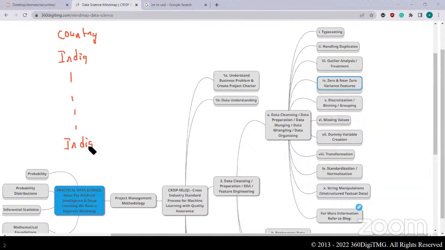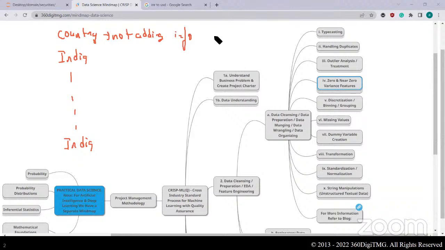So when you have a situation like this, the column is not adding any information. And because it is not adding any information, we can simply remove it. So you simply remove them.